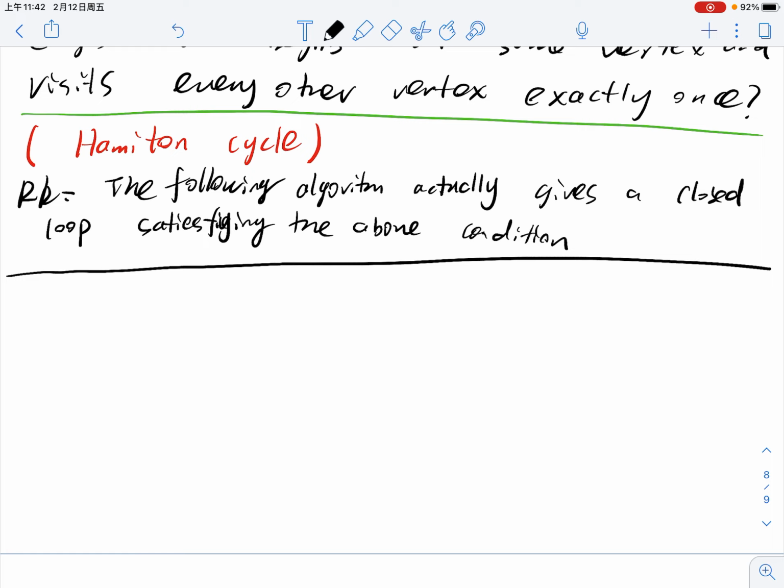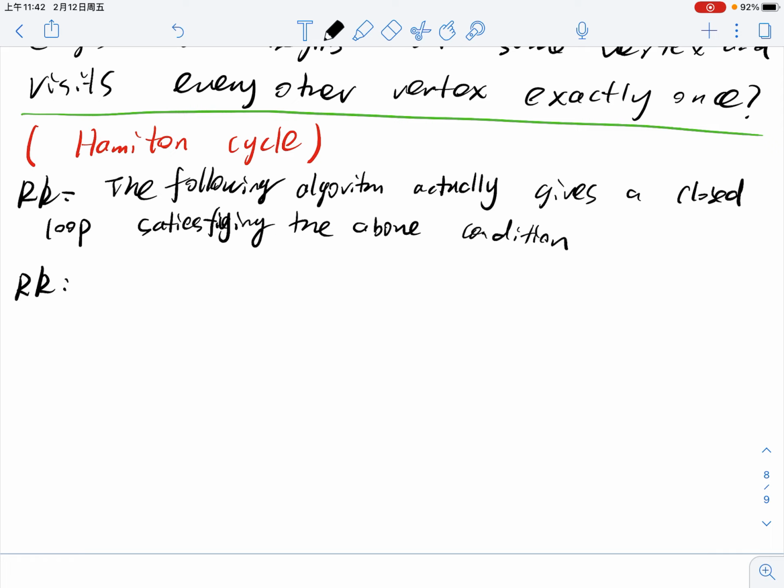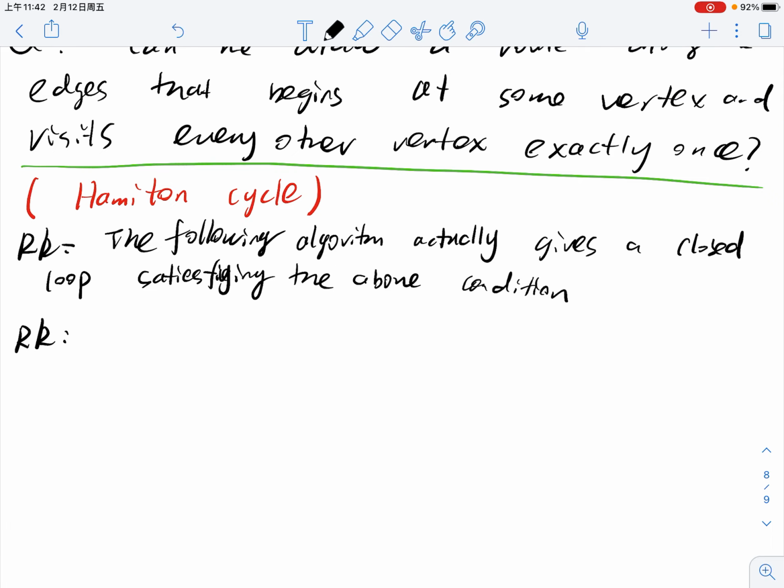Okay. Next. Since we mentioned the Hamilton cycle, we should make a remark that not all graphs have a Hamilton cycle.